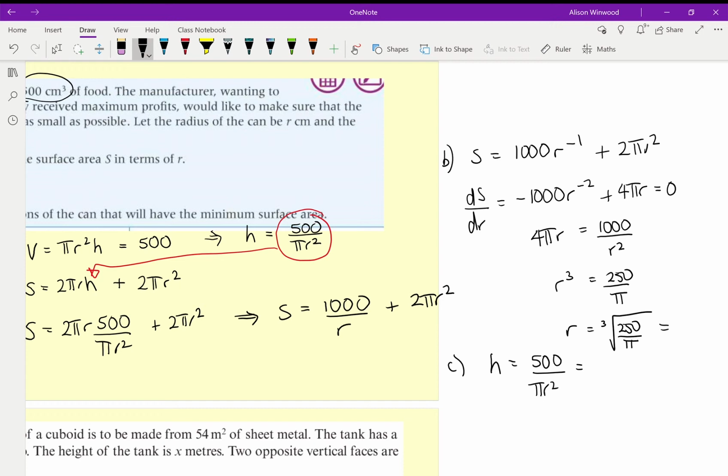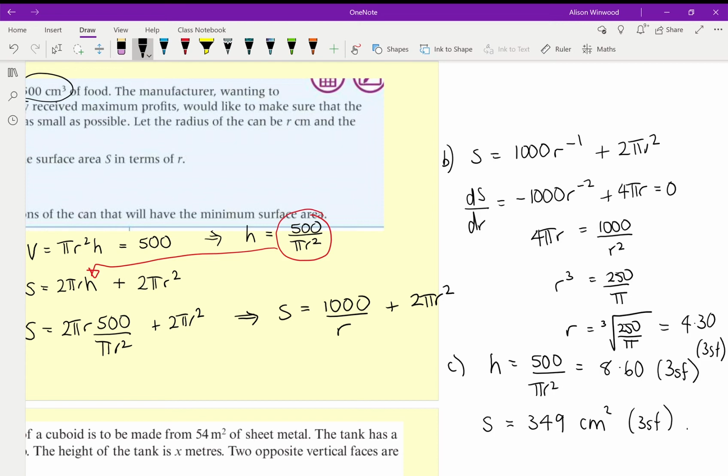So the cube root of 250 divided by pi is 4.30 to 3 sig fig, and therefore our height is 500 divided by pi times that answer squared, 8.60 to 3 sig fig, and that would give us a surface area of 1000 divided by our radius plus 2 lots of pi times our radius squared, at 349 centimeters squared to 3 sig fig.